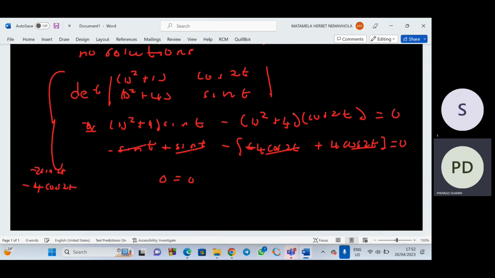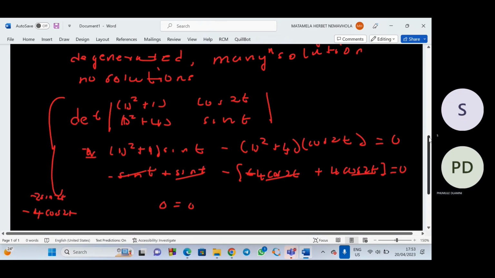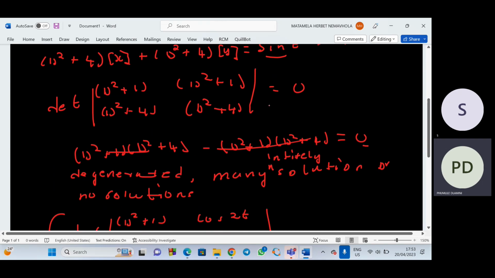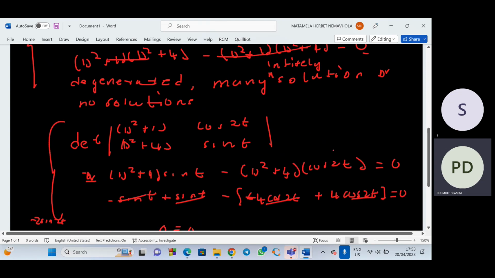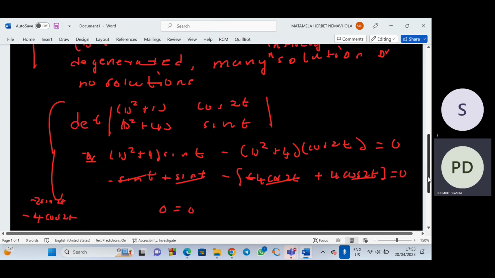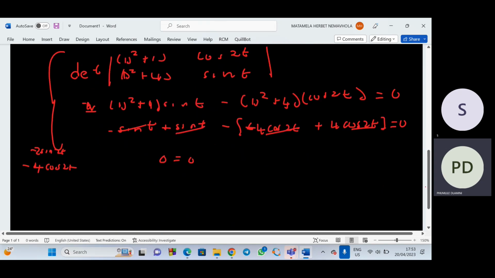You get 0, and even in the first method that I showed you, we also get 0. So you can use either one of these to show that it has infinitely many solutions. Now that we are getting 0, you can see that this indeed is a degenerate linear system.